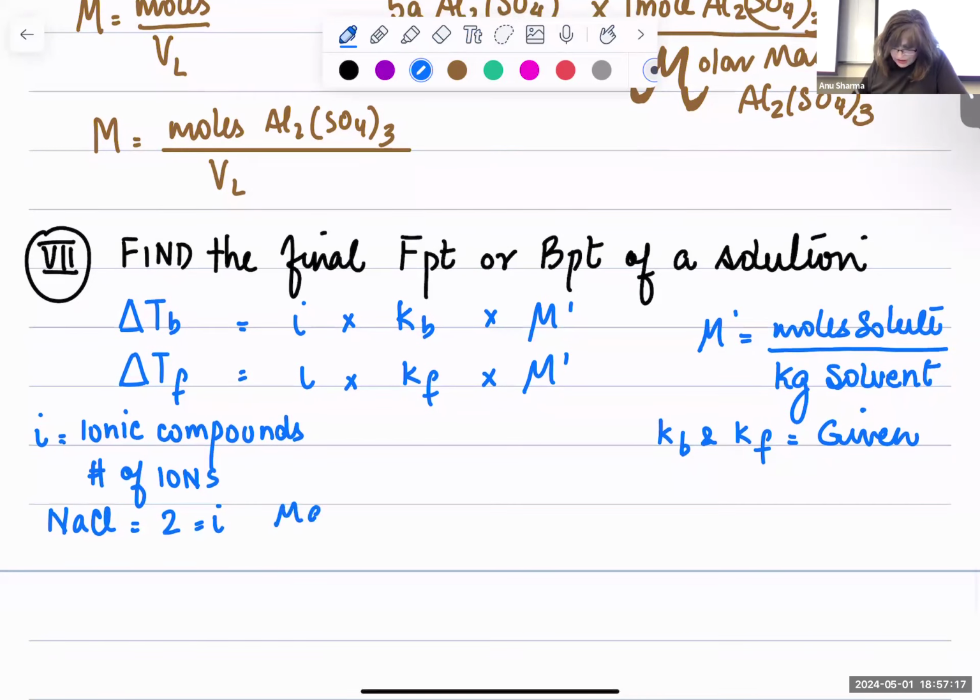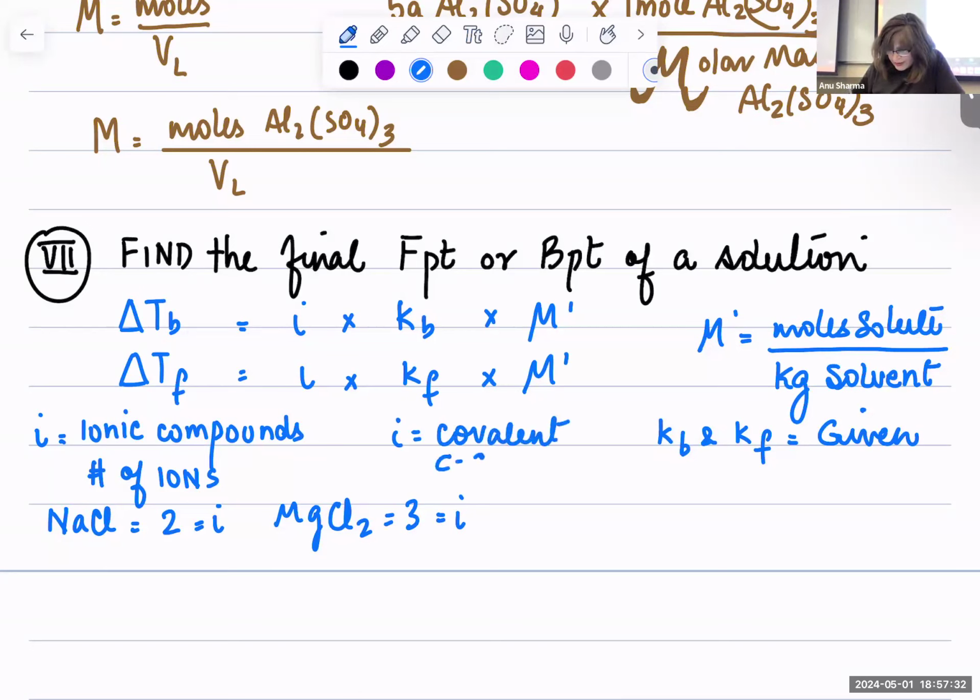If you have MgCl2, then it's 3 ions, so the value of i is 3. But for covalent compounds, like organic compounds with carbon-carbon and carbon-hydrogen bonds, the value of i is 1. So just pay attention to that, okay?